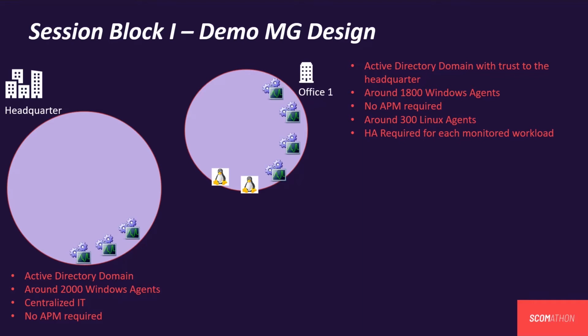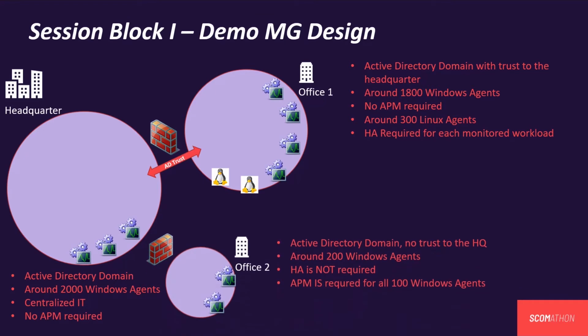What is important to say is that the requirement here is high availability. So we need to consider this when doing the sizing. As already mentioned, this location has an Active Directory trust, so Kerberos would be possible here and we won't have to deal with certificates.